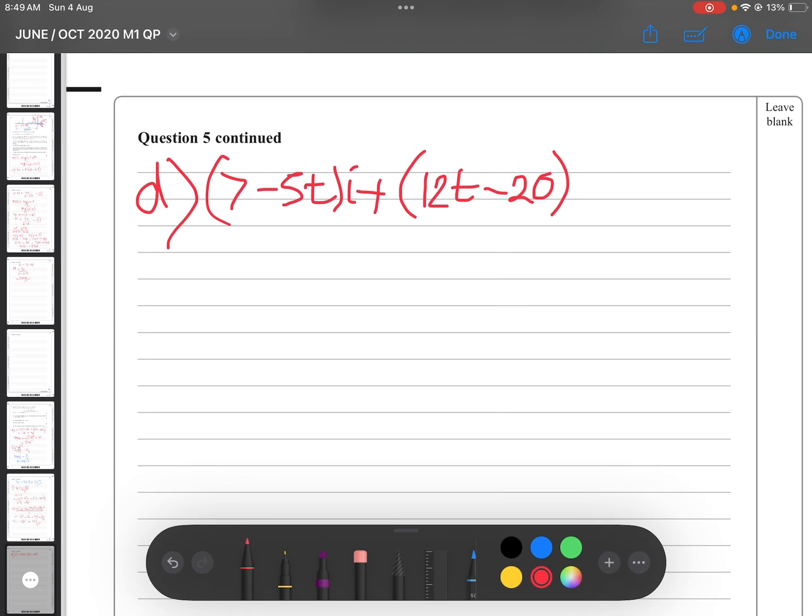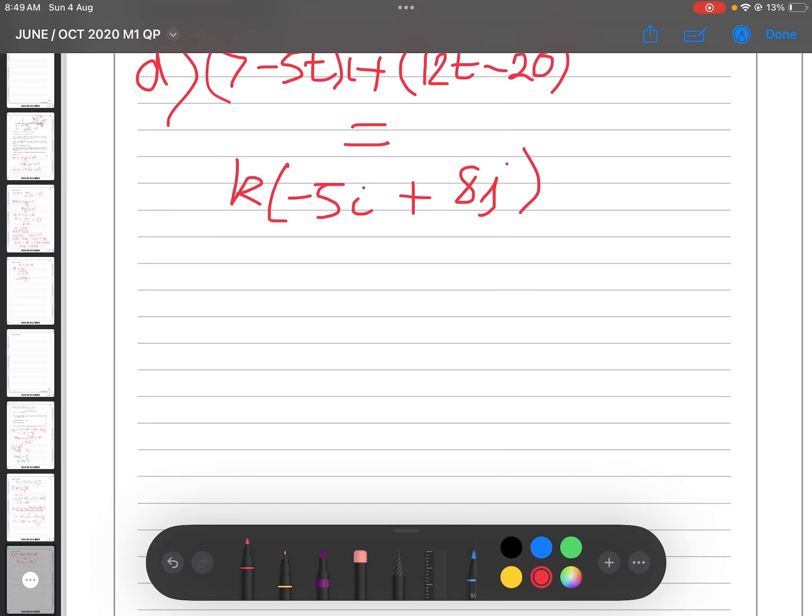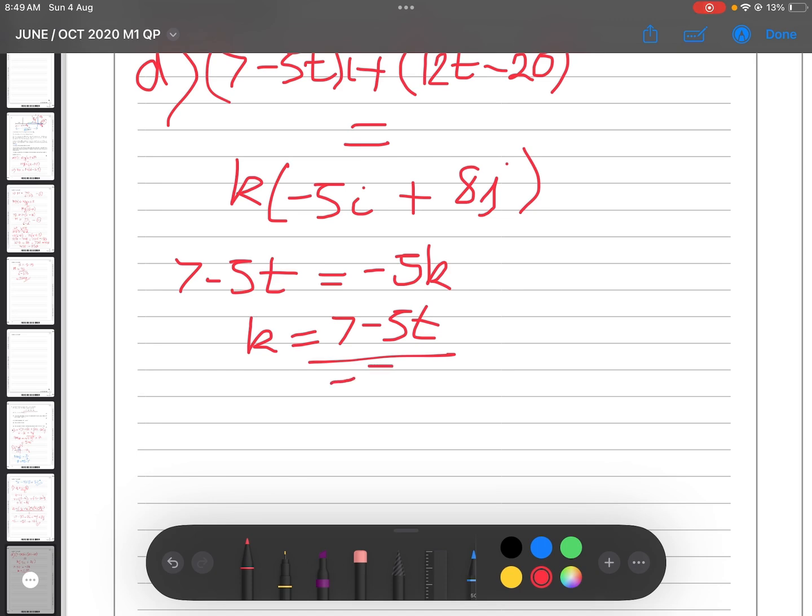It's going to be now equal to a common multiple of the vector minus 5i plus 8j. So let's keep that common multiple k. It's going to be k times minus 5i plus 8j. So now if I make all the i terms together, 7 minus 5t is going to be equal to minus 5i times k, which is minus 5k. Now making k the subject, we get the equation 7 minus 5t divided by minus 5.